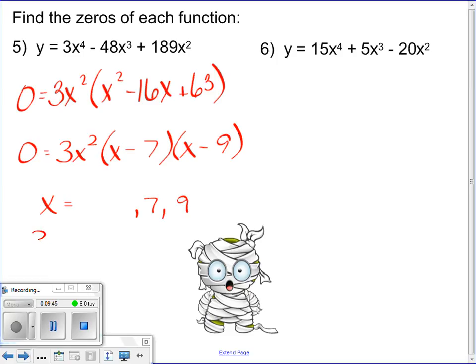Well, technically we're setting this equal to 0, right? Divide by 3. So x squared equals 0. Take the square root. So x equals plus or minus 0.